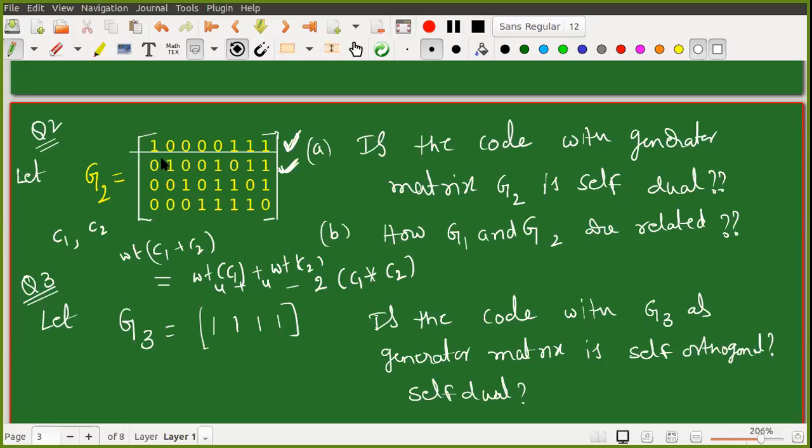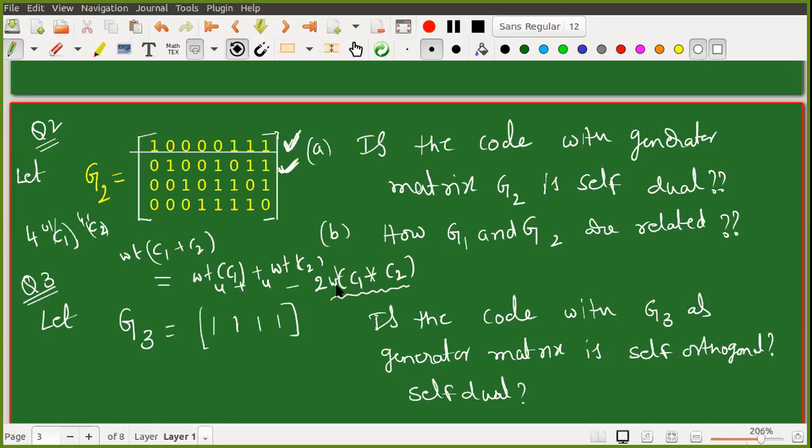The vector is 0, 0, 0, 0, 0, 0, 1, 1. That one I added for C1 as well as for C2, so I had to subtract 2 times. But what can you say about the weight of this one? It has to be 2. No, in this problem, it is 2. In general, I am telling you now the general problem. 4 divides weight of C1, 4 divides weight of C2.